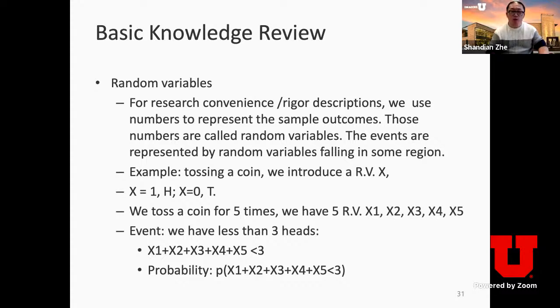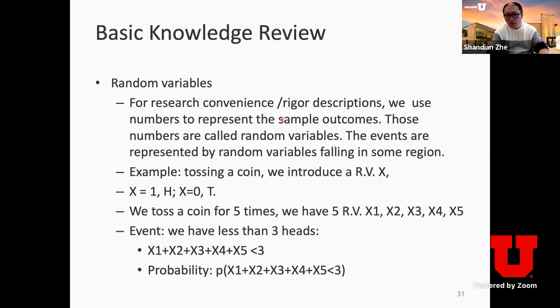So this is the definition of the concepts about events and probabilities, and then an important extension will be random variables, right? So what are random variables? The motivation of random variables is for the convenience in the research and rigorous study of those random events, because if you just talk about everything in terms of sets, it's not that convenient, right?